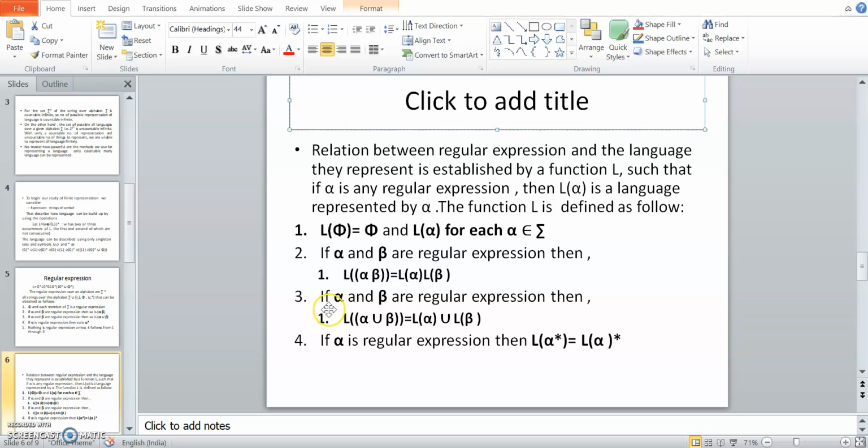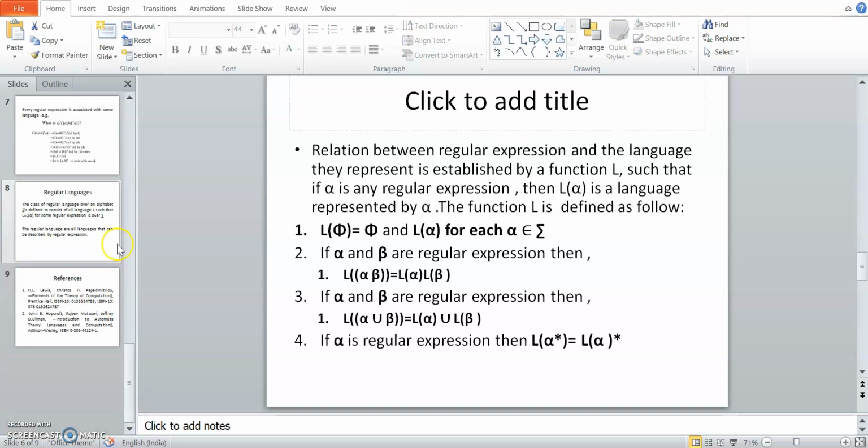If alpha and beta are regular expressions, then the language of alpha union beta is nothing but the language of alpha union the language of beta. If alpha is a regular expression, then L of alpha star is equal to L of alpha in brackets star.